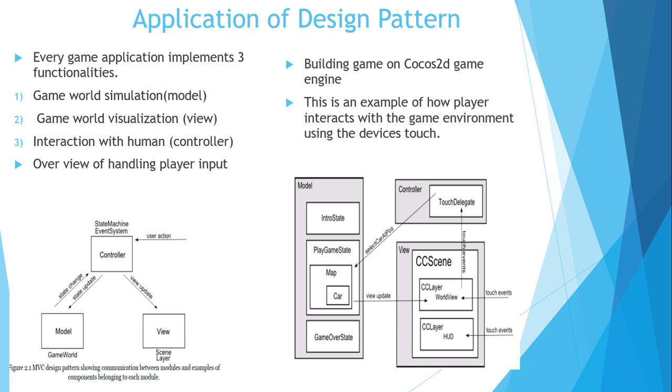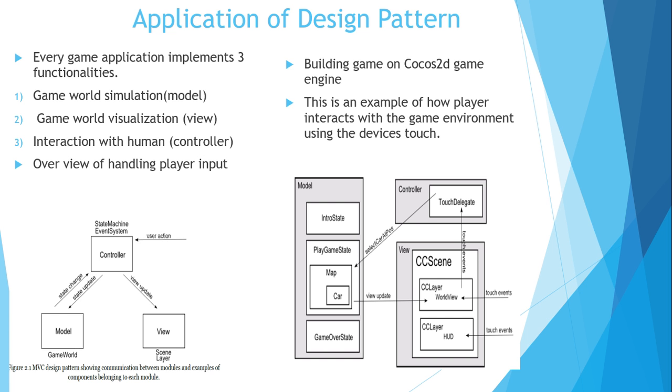The model does not depend on the view, which means the game simulation can run completely on its own without any need of visualization. On the other hand, the view needs to somehow refer to the model in order to render the game objects. The controller commands the views and model to provide a response to the user input.